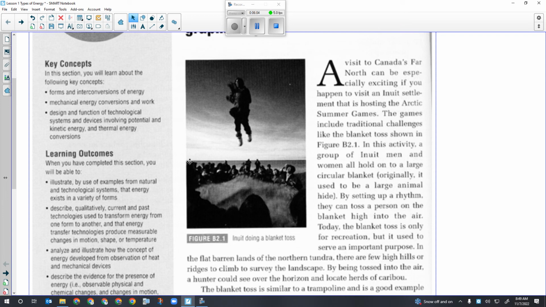All right, so in this Inuit blanket toss, what we're looking at is, yes, people are pulling hard on the blanket. They're exerting a force. When they do that, they do work. Work is a change in mechanical energy because the work that they do is going to change the mechanical energy of the person on the blanket.